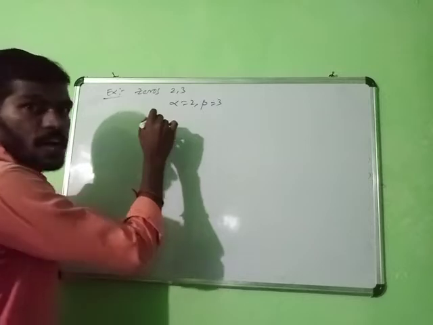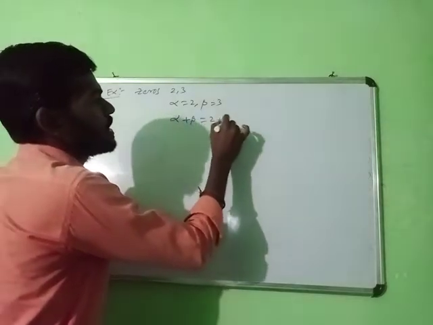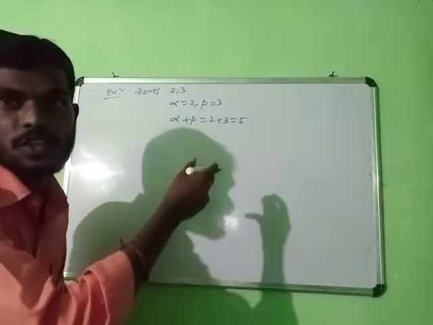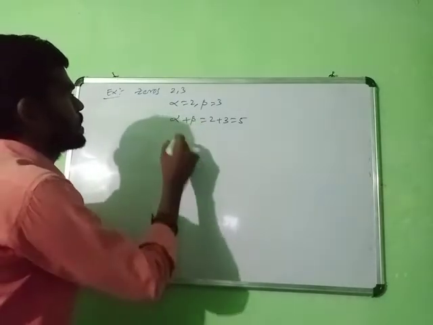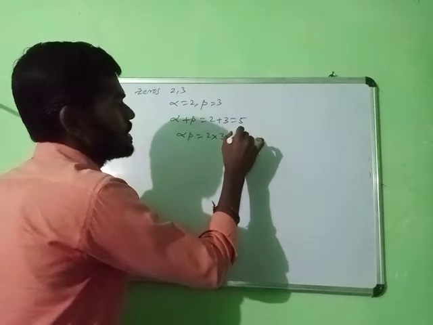Alpha plus beta is 2 plus 3 equal to 5, the sum of zeros. The product of zeros, alpha into beta, is 2 into 3 equal to 6.